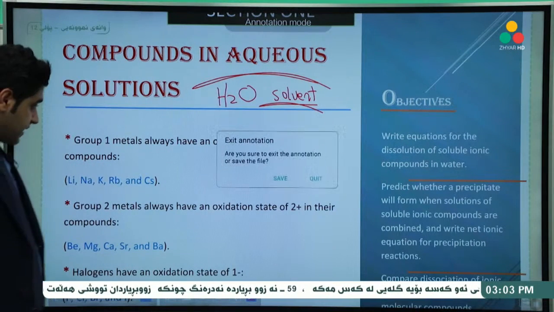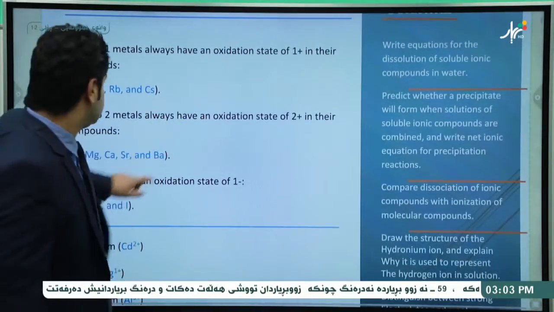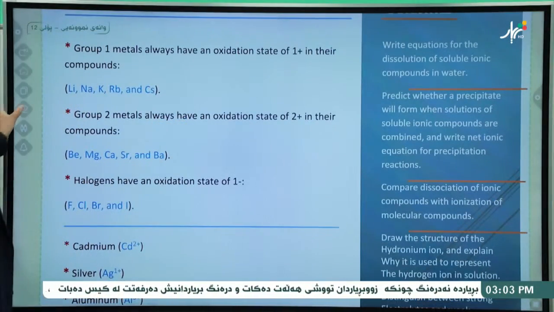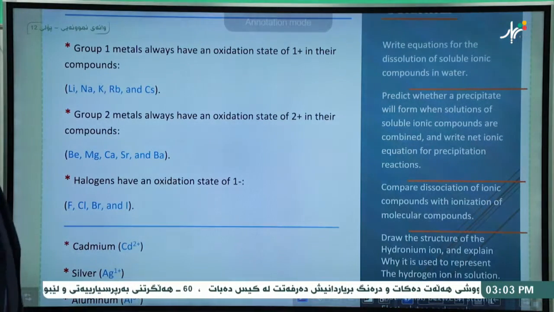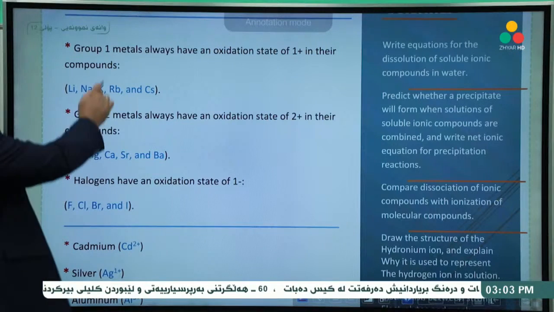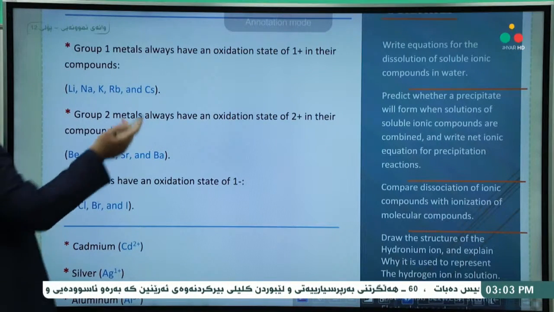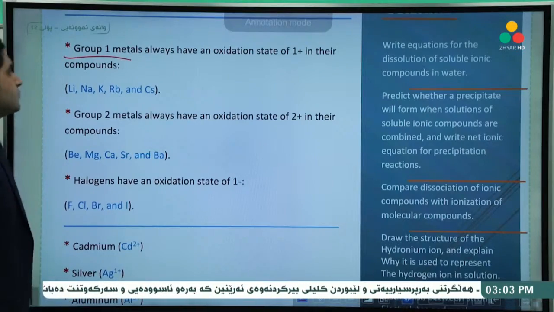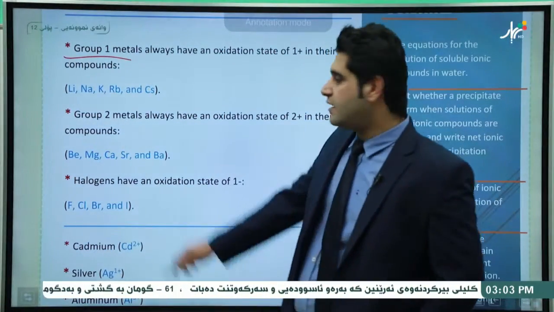Before starting this chapter, hopefully you remember how to write a formula for chemicals, as you learned in grade 11, chapter 1, section 1 in your first session. But we will talk about the ions quickly. Group 1 metals always produce +1 ions in their compounds.